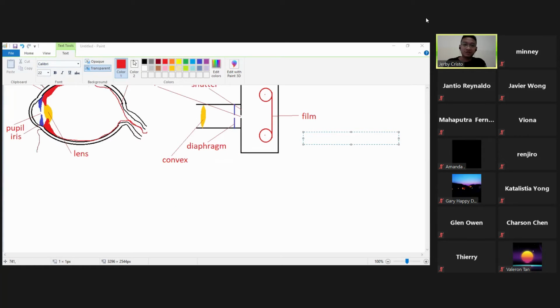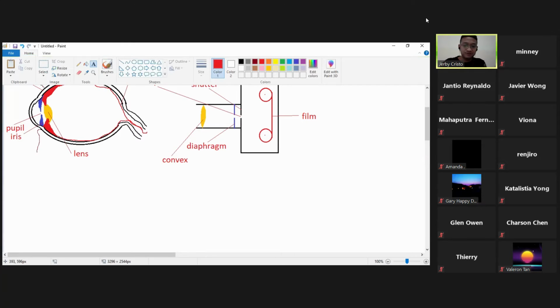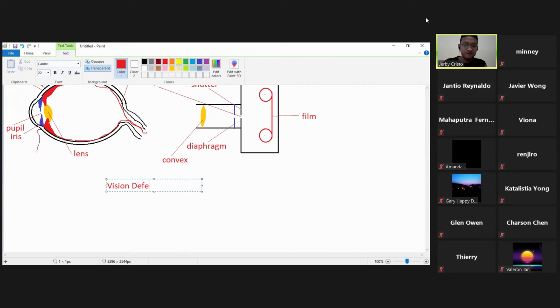Okay, so this time let's talk about some vision defects. Wait, vision defects and how we can correct them, and their corrective lenses. So what lenses could we use to correct that defect?